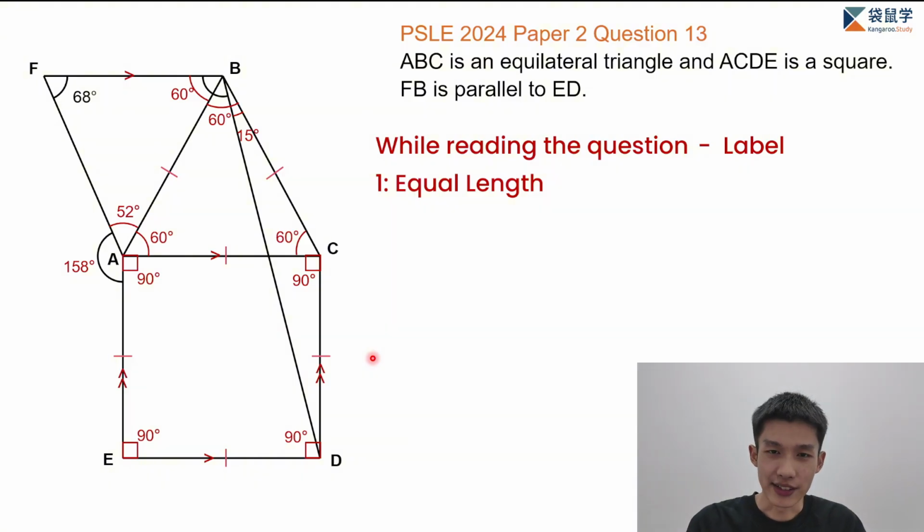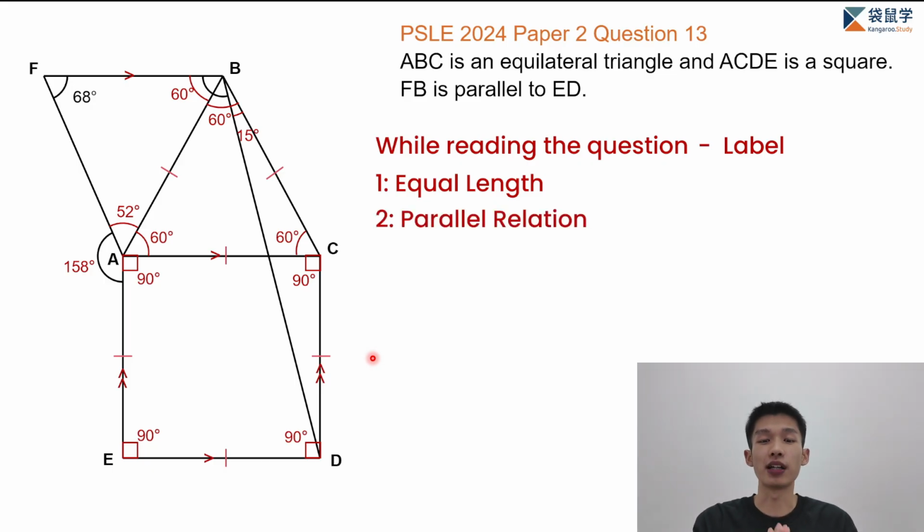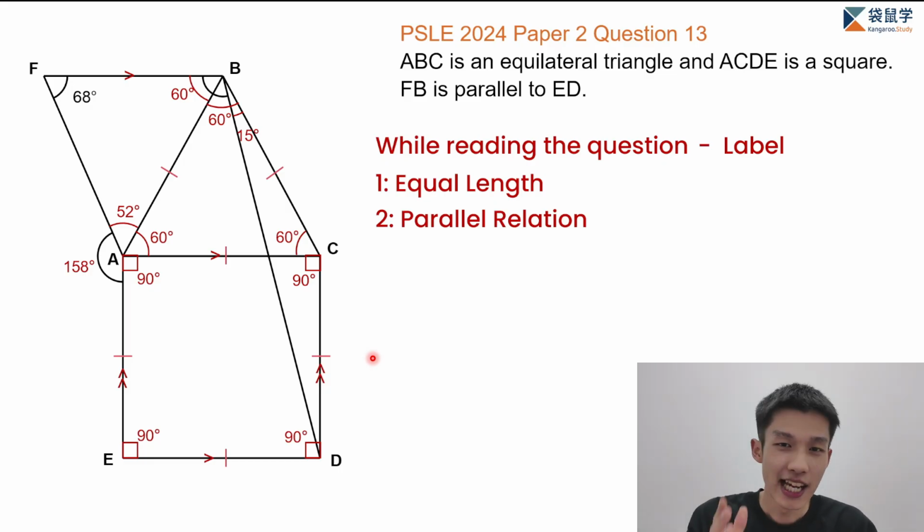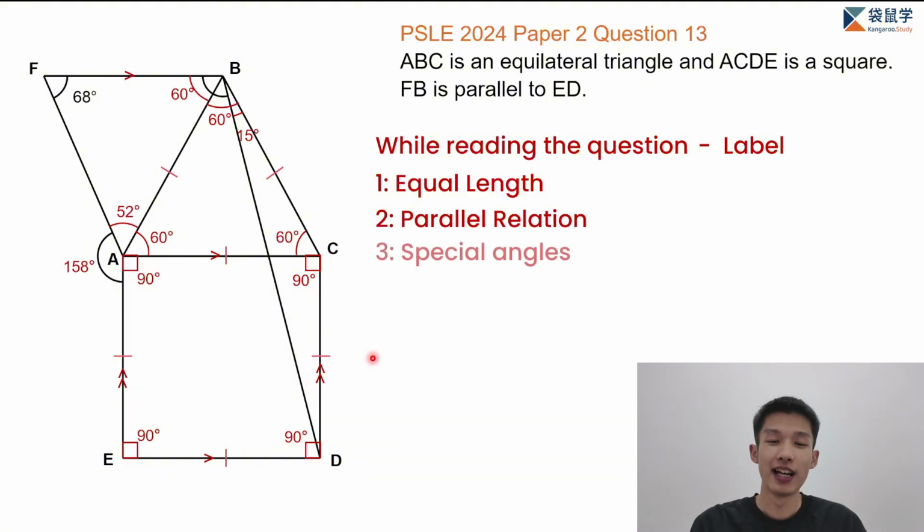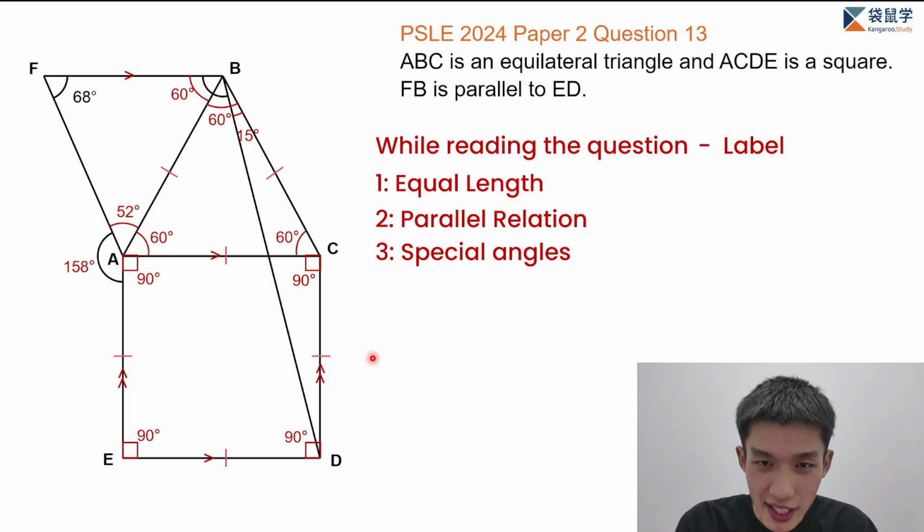Other than equivalence, we are also missing the parallel relations, which we label using arrows. Different parallels, different number of arrows. And the third is all these special angles: 60 degrees for equilateral, 90 degrees for squares and rectangles. While reading the questions, we can label so many things.